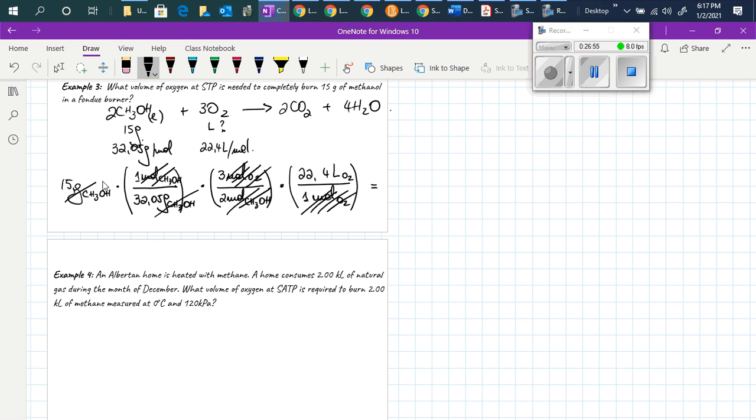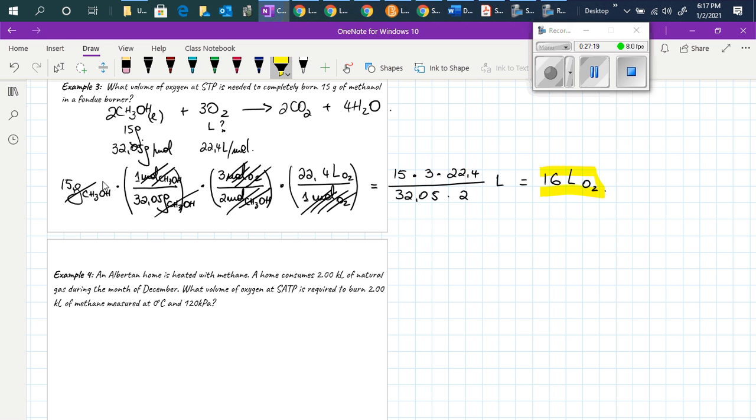And we will have at the end, in terms of numbers, 15 times 1 times 3 times 22.4 over 32.05 times 2 times 1, and the units are liters. And that means it will be 16 liters of oxygen.